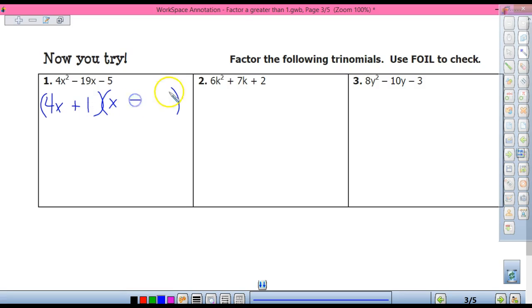Plus 1 and minus 5. Okay, so 4x times negative 5 gives me negative 20x. 1 times x gives me plus 1x. Does that give me the negative 19x? Woo! Golden. Okay, not so bad, right? Starting to come a little bit. All right, try number 2.